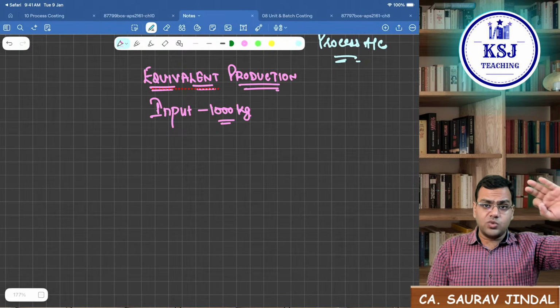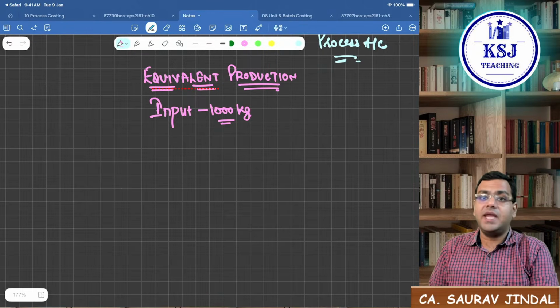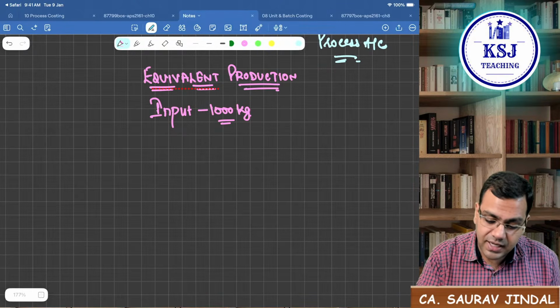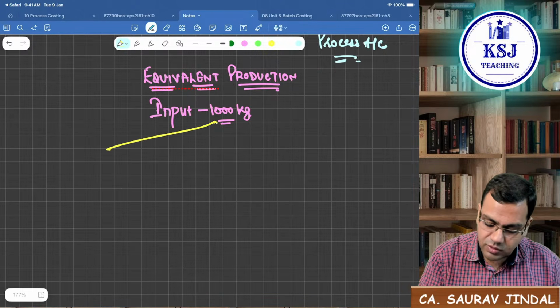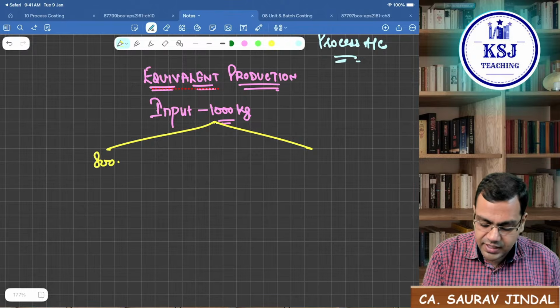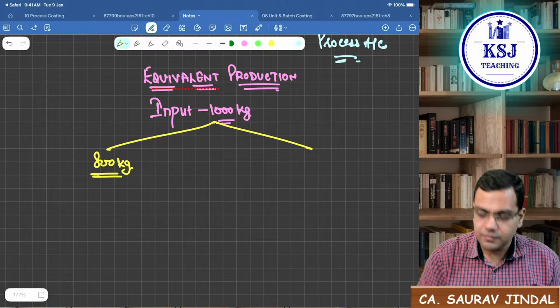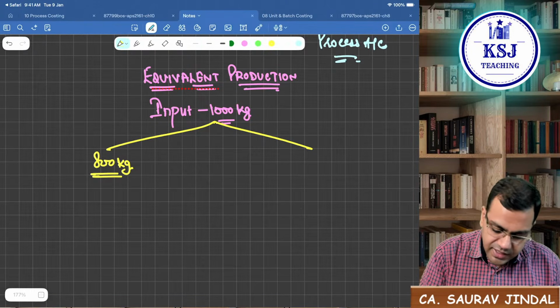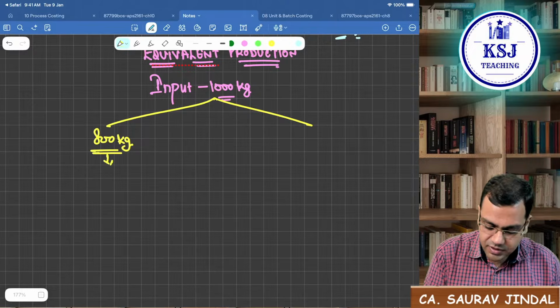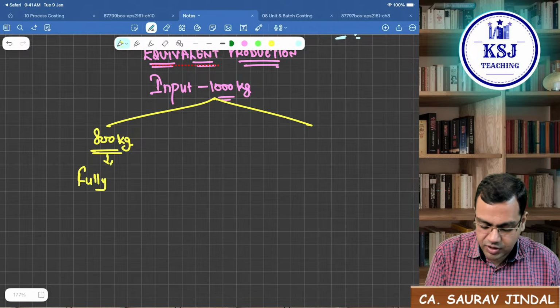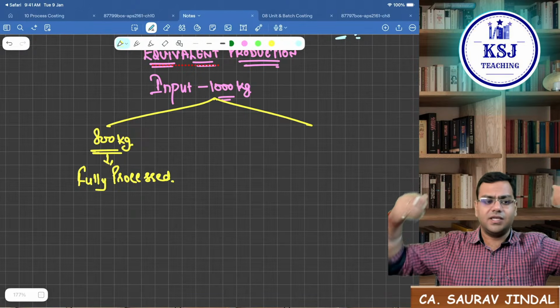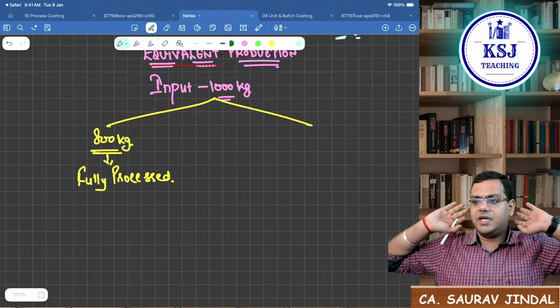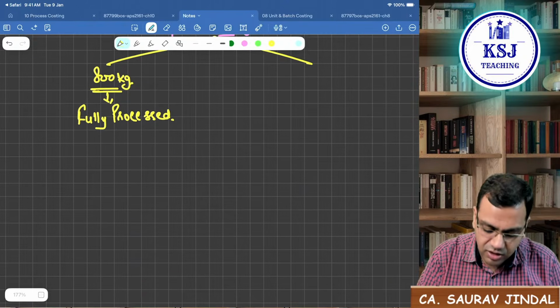So out of this 1000, 800 kg is fully processed. Right, 800 kg is fully processed, that is it is complete, it is 100% complete in all respects.